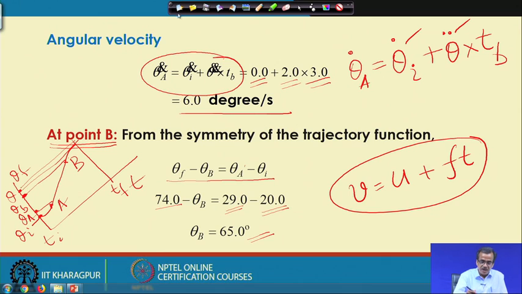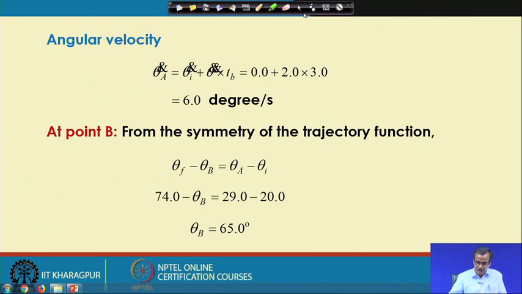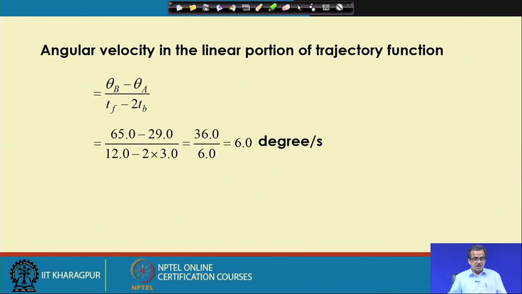Now, I will try to find the angular velocity at point B. To determine it, I am trying to find the angular velocity in the linear portion. How do we find the velocity in the linear portion?